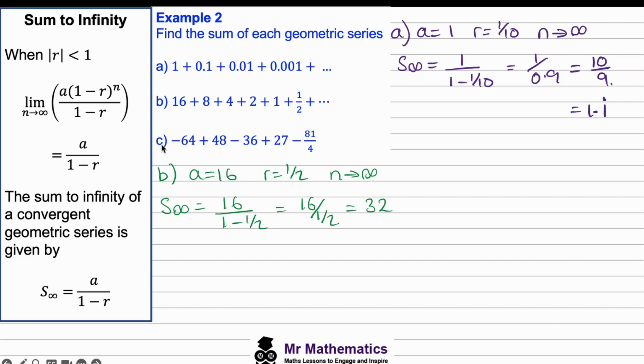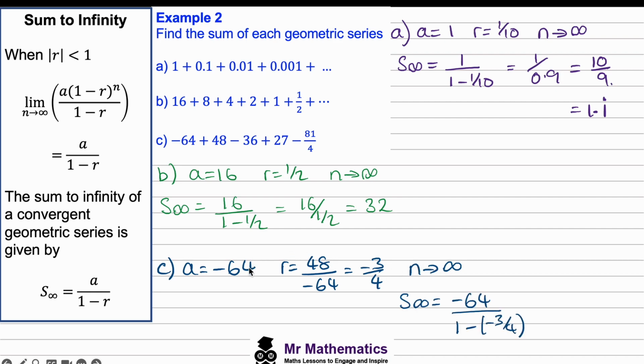For example C, we can see that our first term is negative 64. The common ratio will be 48 divided by negative 64, which simplifies to negative 3/4. And again, we're looking at an infinite number of terms. So we'll put these three into our formula.